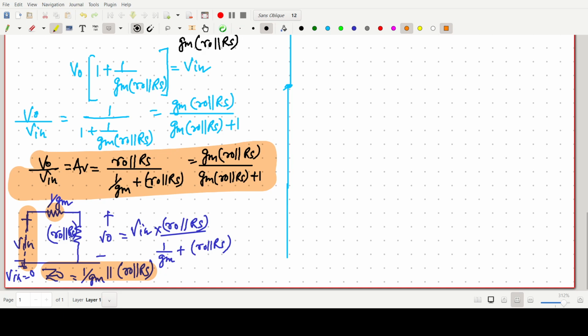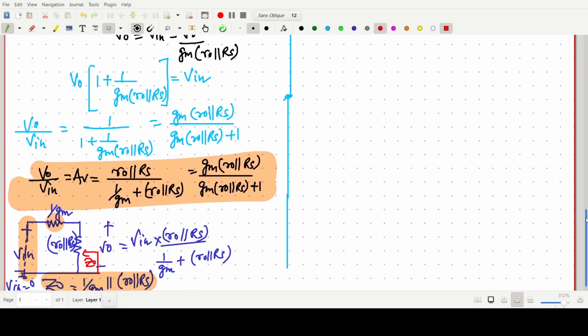Okay, so 1 by gm and this should be parallel. So this should be the output impedance. Like this we can find the gain and output impedance. When there is no R naught, one can simply write V in times RS by 1 by gm plus RS, without R naught.